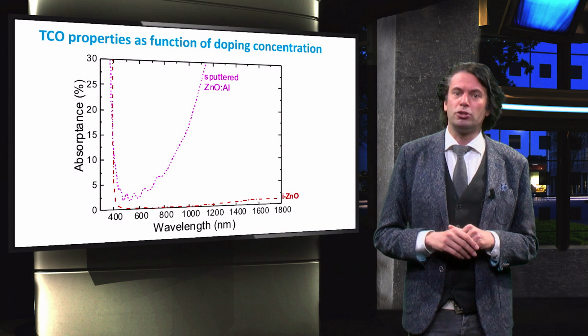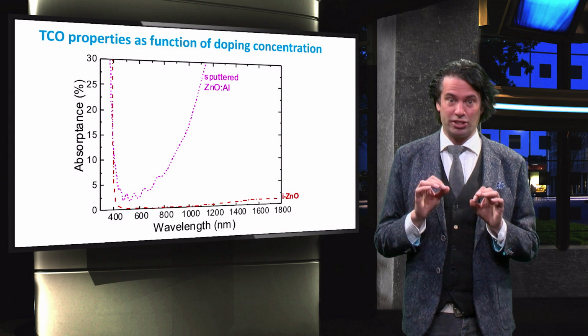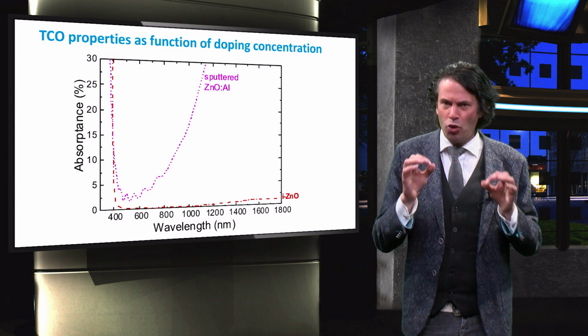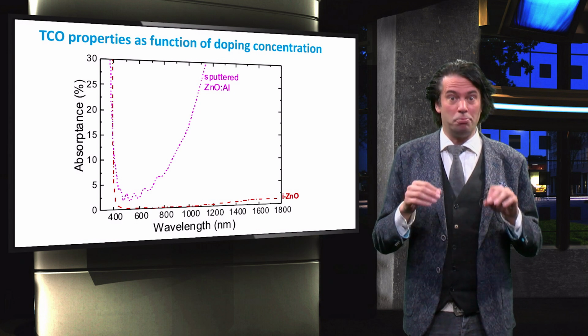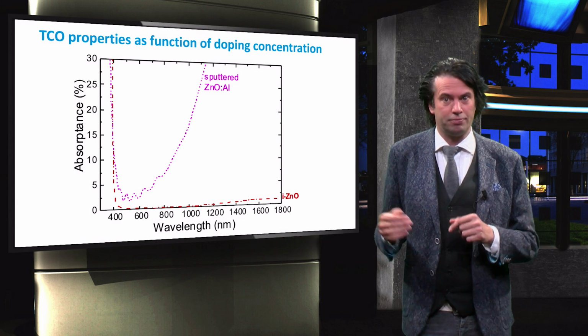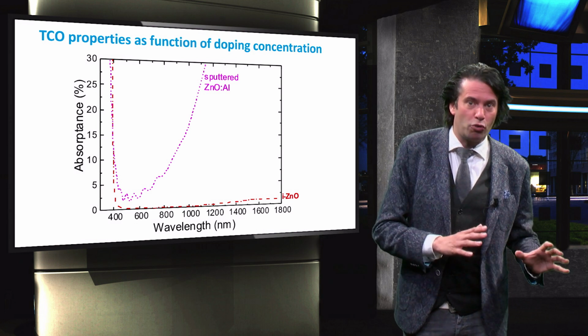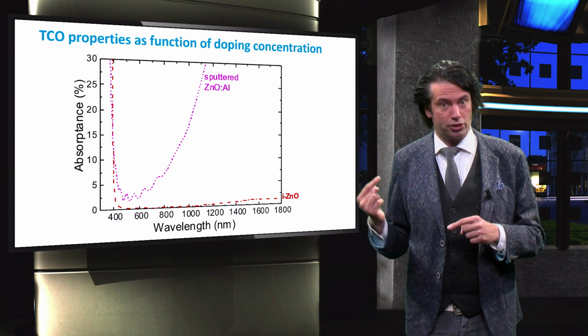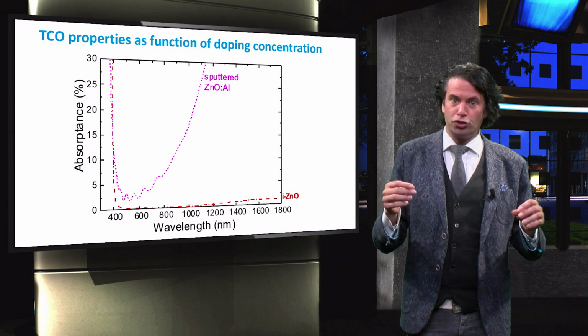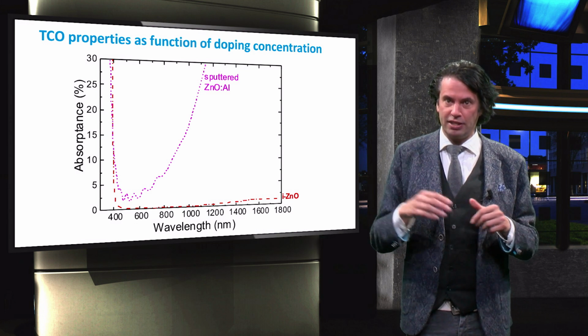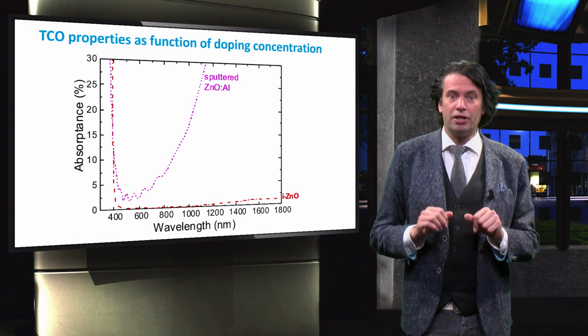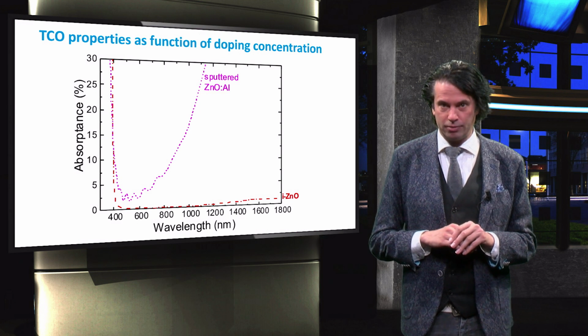Here you see the absorption spectrum of intrinsic zinc oxide. Intrinsic means that no intentional dopant like aluminium has been added to the zinc oxide. The free carrier concentration of intrinsic zinc oxide is much lower in reference to the aluminium-doped zinc oxide. As a result, the Drude absorption in the red and infrared part is much lower than for aluminium-doped zinc oxide.